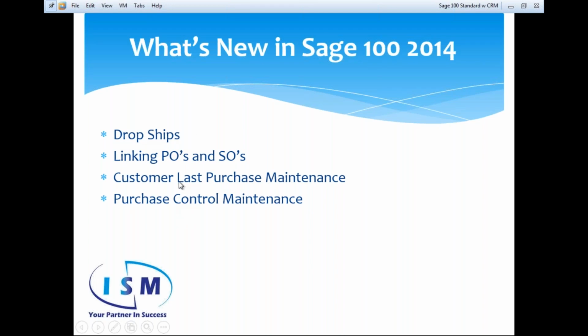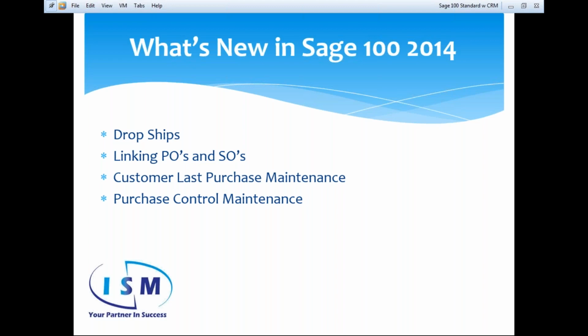We get a lot of questions from clients on how to do Dropships, or you may be looking to create POs for multiple sales orders. So there's a lot of integration between those two modules in the system.